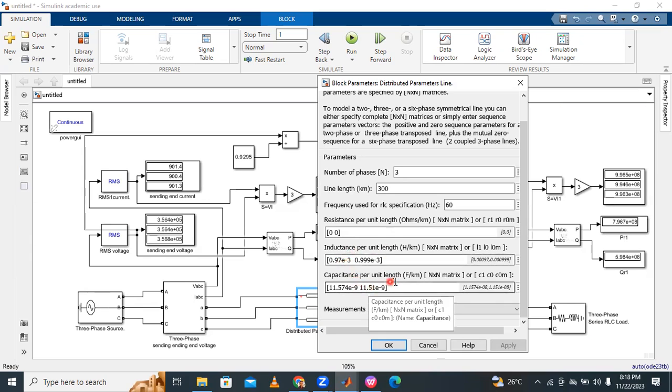The next is the capacitance per unit length of the transmission line, in farads per kilometer.